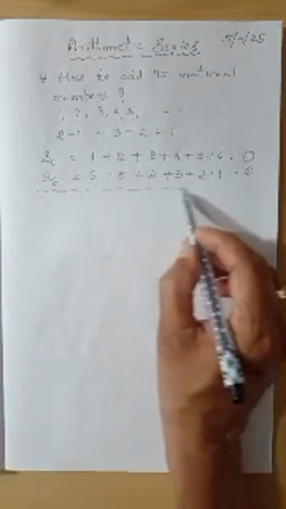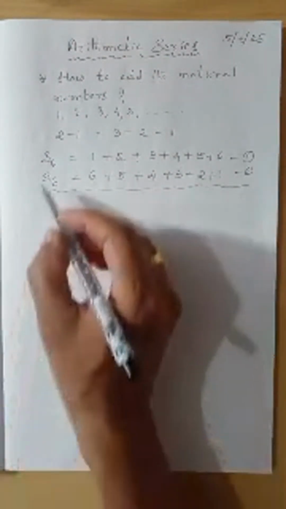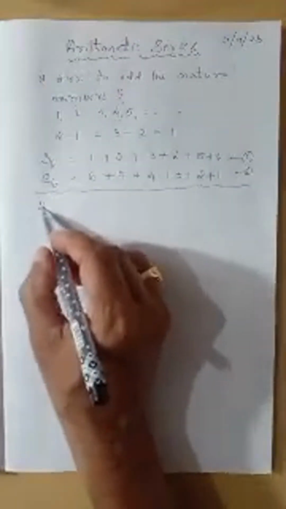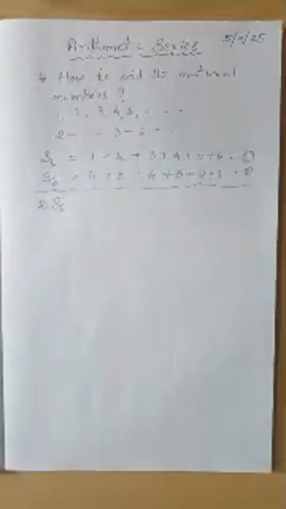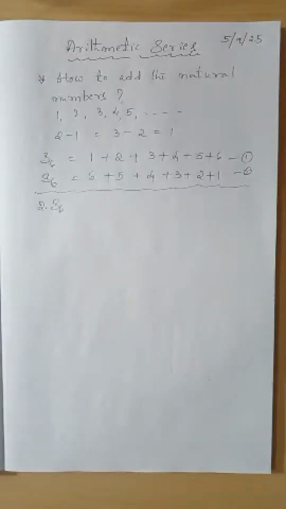Take equation 1 and equation 2 and add both. S6 and S6 are the variables, so we get 2 times S6, adding 1a plus 1a, 2a, 1b plus 1b, 2b, like that.